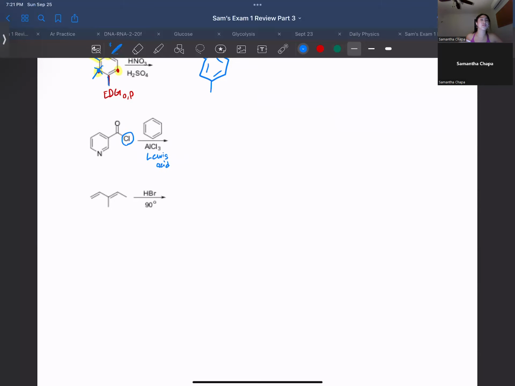And we know that nitrogen is usually a really good base. So instead of chlorine being your Lewis base, your nitrogen is going to be your Lewis base. And so we're not going to be able to proceed with the Friedel-Crafts reaction because of this nitrogen group right here. It's making a different complex, and this one's not going to want to break at all.